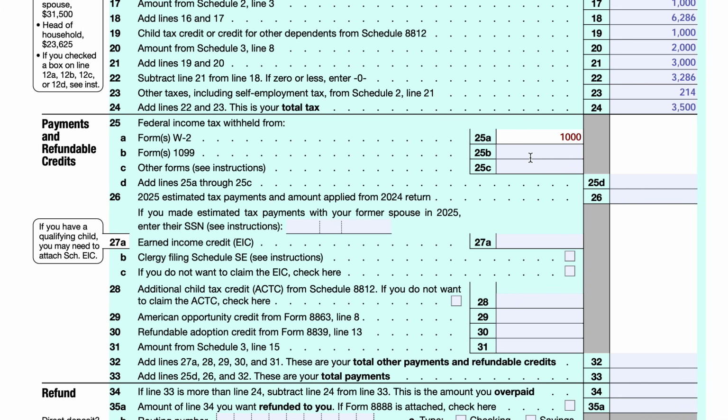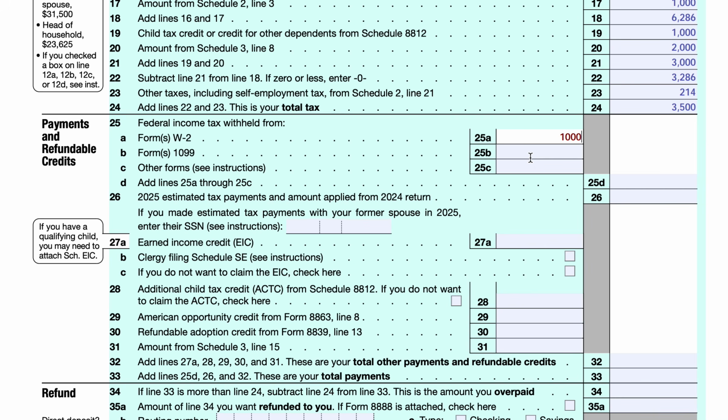That would be shown in box 4. If you also had any amounts withheld from dividend income, interest income, unemployment compensation, Social Security benefits, retirement benefits, those would be also in box 4 of the respective 1099 form.